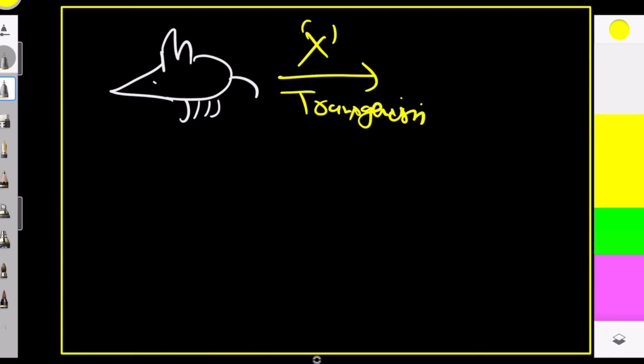So you introduce the X gene within the mouse, and this X gene is foreign. Now you have a new variety of mouse, and in this mouse you have the X gene.